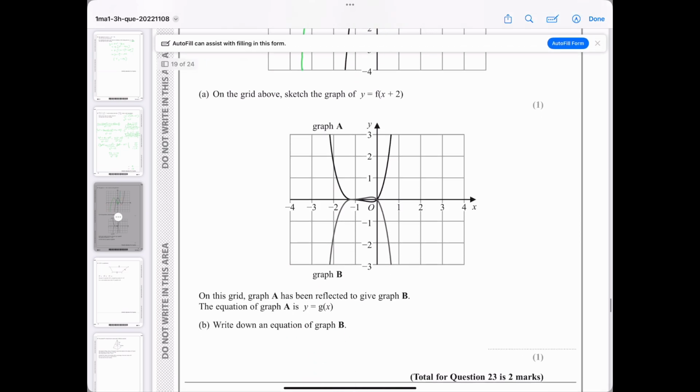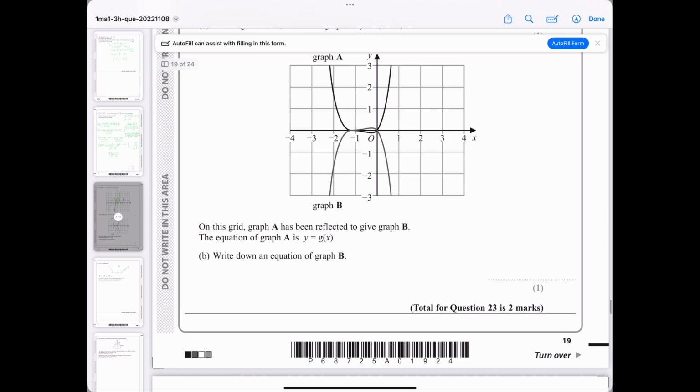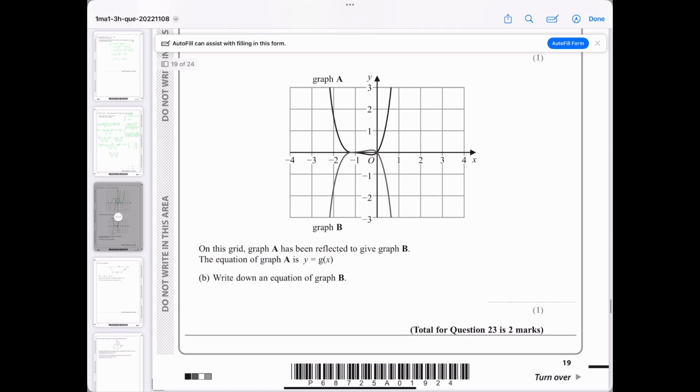Sorry about that. And then on this grid, graph A has been reflected to give graph B. I mean, that's about as clear as mud, isn't it? The equation of graph A is y equals g of x. Write down the equation of graph B. Well, the thing is, I don't really know where that's going.